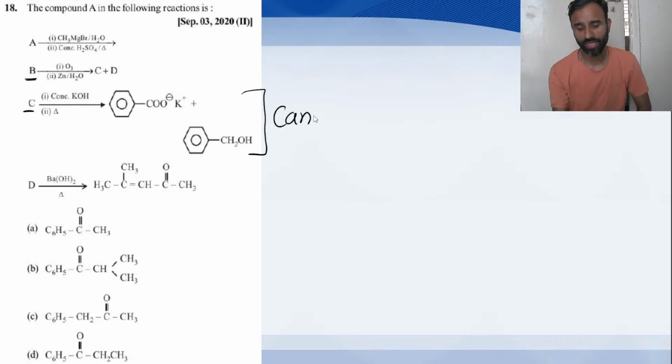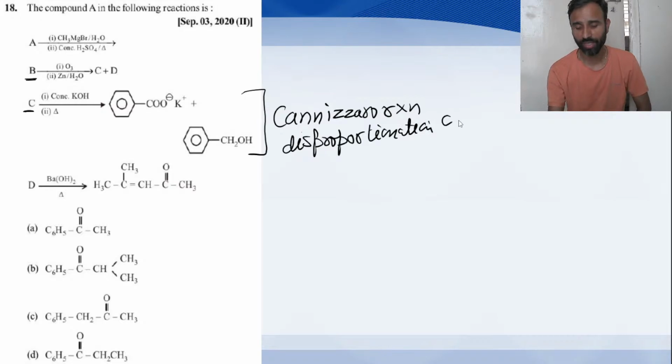Obviously this is the Cannizzaro reaction, that is a disproportionation reaction. So these are the products formed on disproportionation of benzaldehyde. That means C is benzaldehyde.